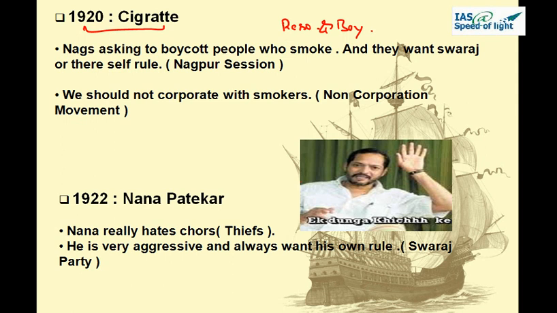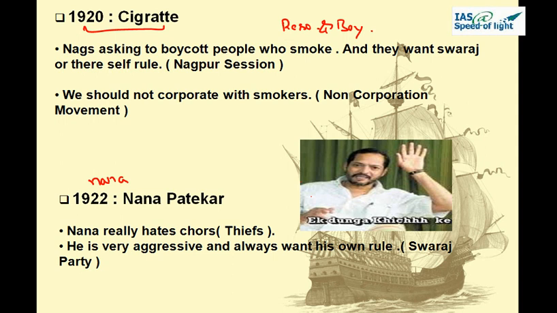Okay, 1922. 22, 2 is N. So NN. Now our picture is of Nana Patekar, okay, a very aggressive man in Bollywood industry. So Nana really hates chors, okay.